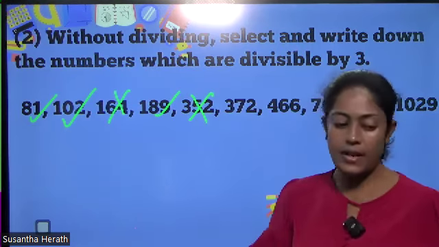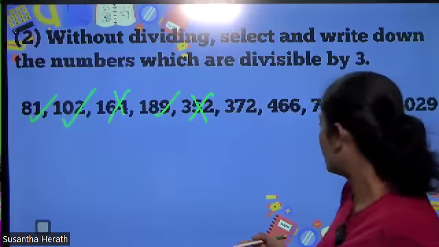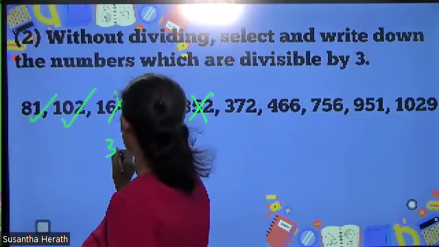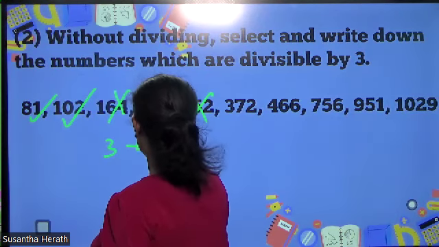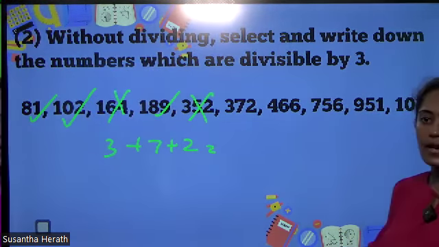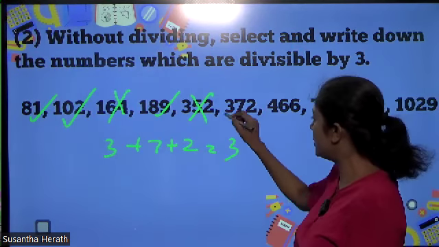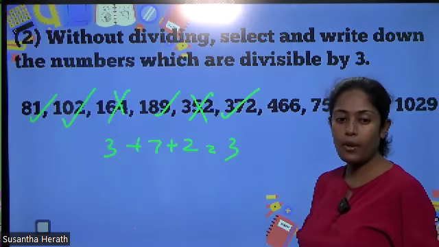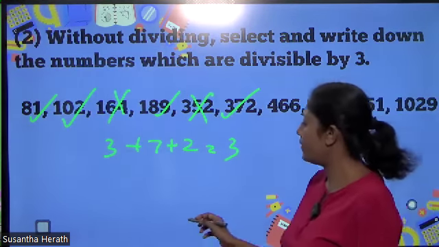Then next one, 372. 3 plus 7 plus 2. 3 plus 7, 10. 10 plus 2, 12. 1 plus 2, 3. Then we can divide this value by 3.